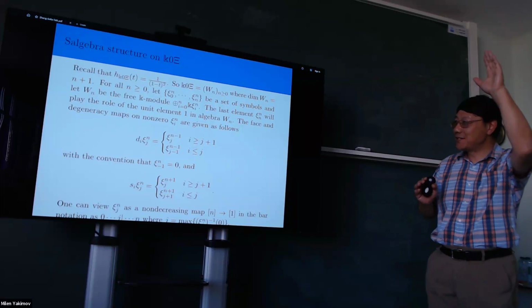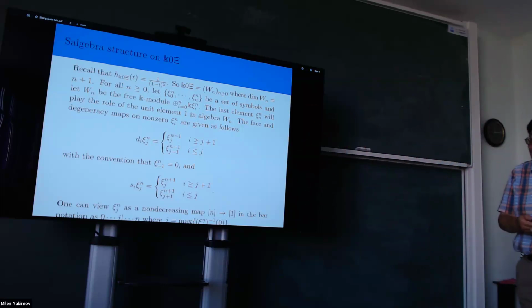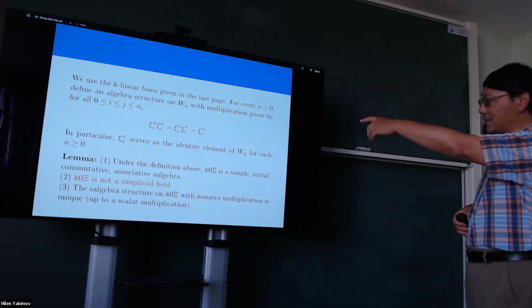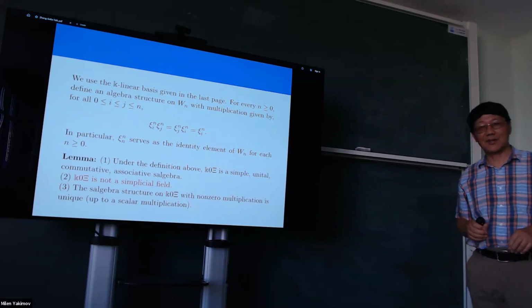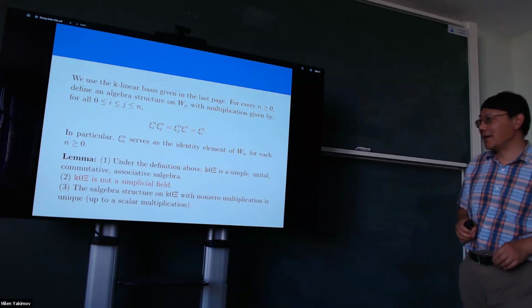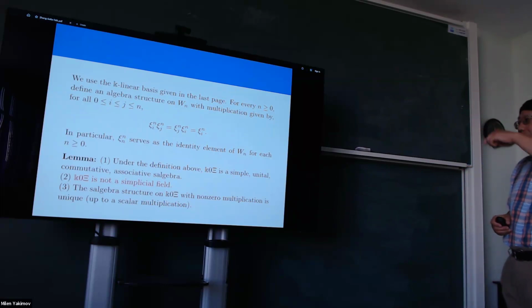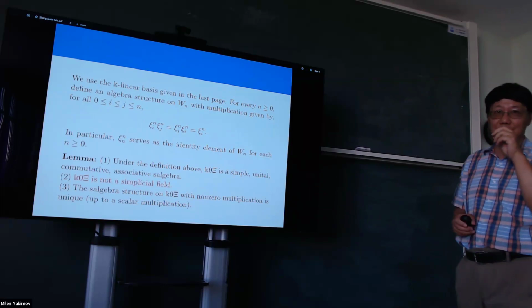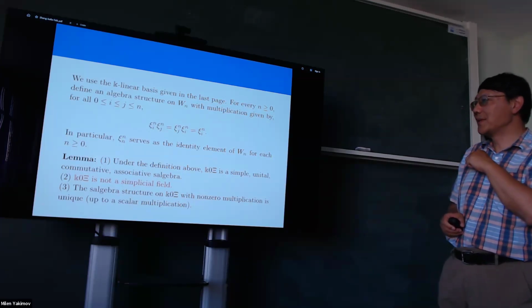This is the face maps and the adjacent maps. So I'm giving all the details here. Then next, define the algebra structure in this very simple way in this displayed equation. Then psi n is identity. Under this definition, this becomes a simplicial unital commutative associative S algebra. S algebra is for simplicial object. So this is a non-trivial one.